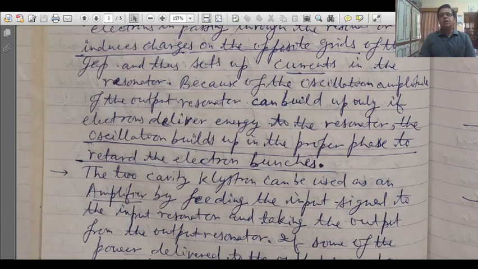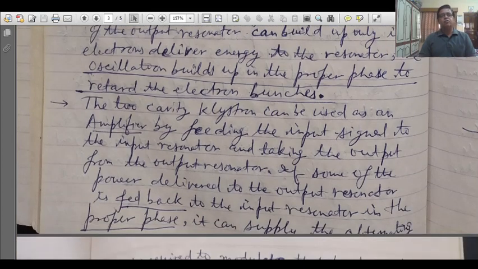The oscillation amplitude of the output resonator can build up only if electrons deliver energy to the resonator. The oscillation builds up in the proper phase, so that the oscillations retard the electron bunches.